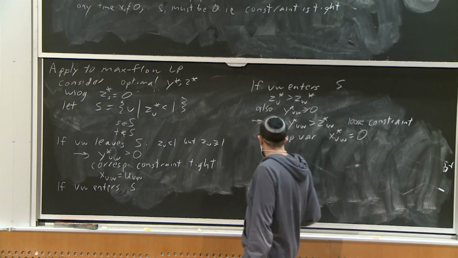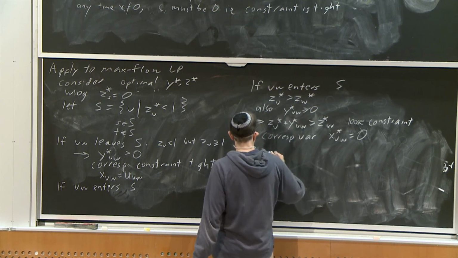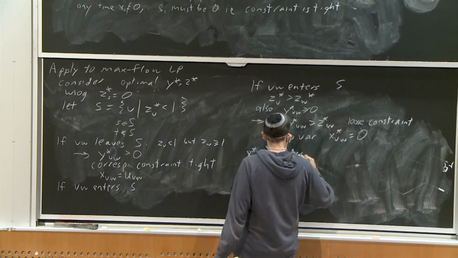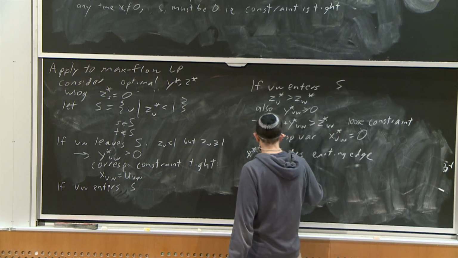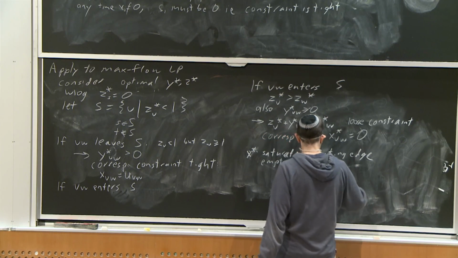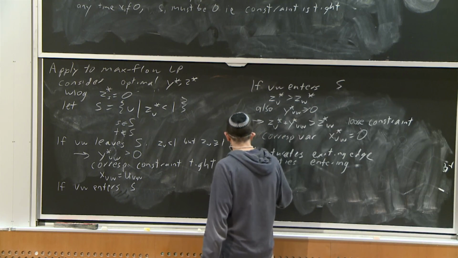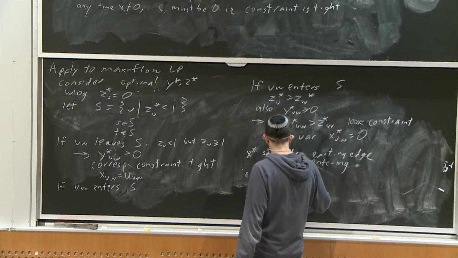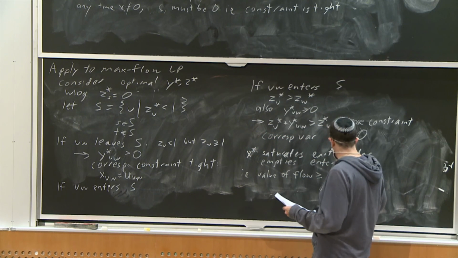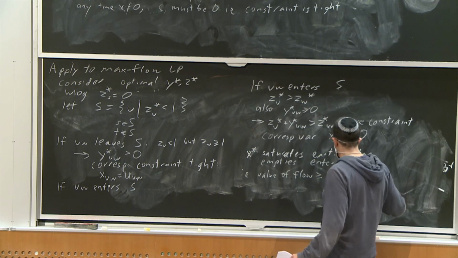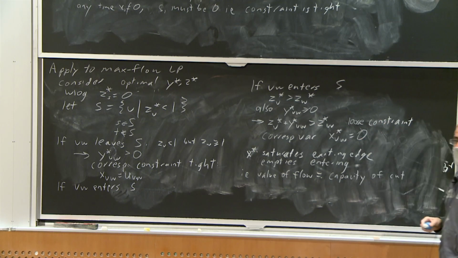So in other words, X star saturates all the exiting edges and empties the entering edges, which means that the value of the flow is equal to the capacity of this cut that we just constructed.